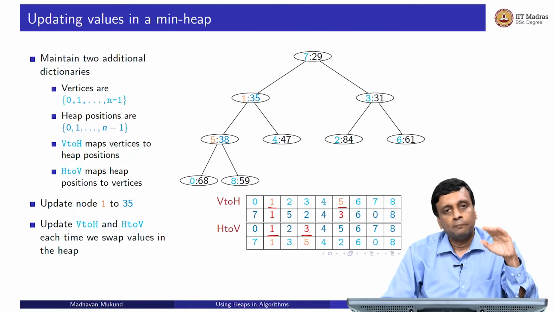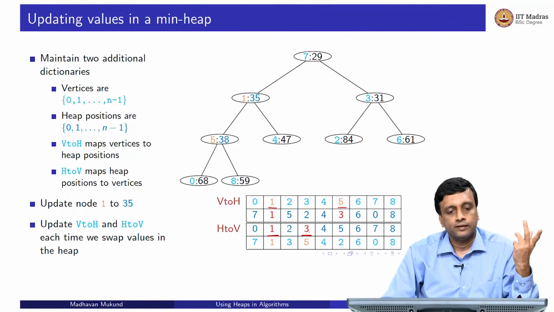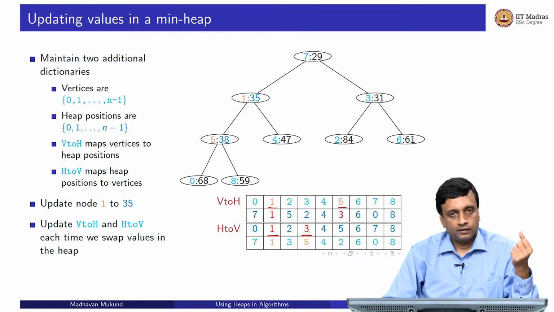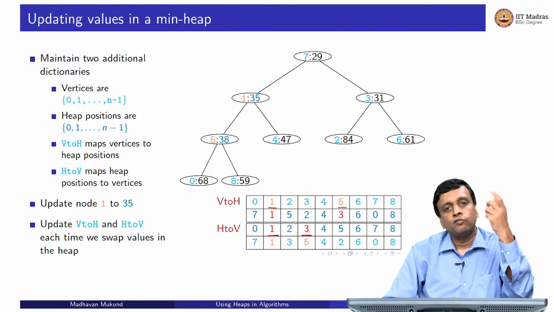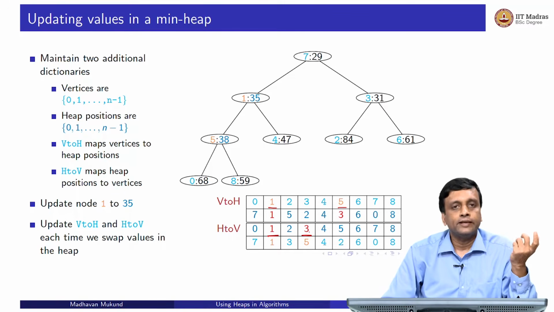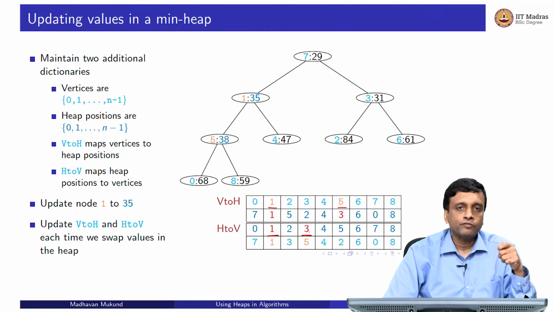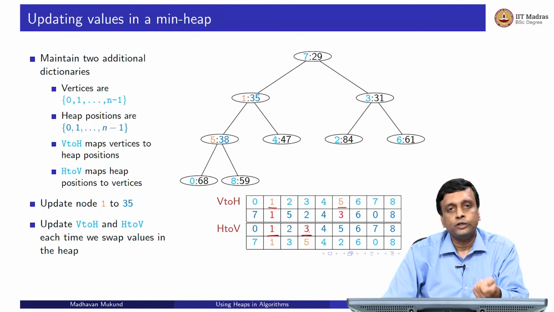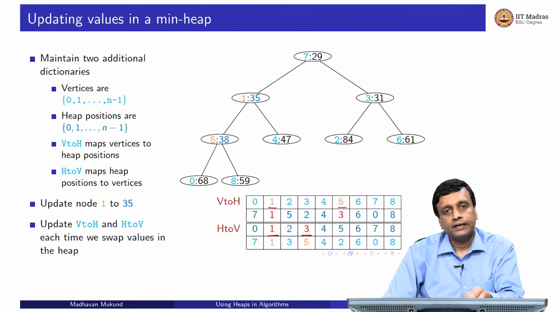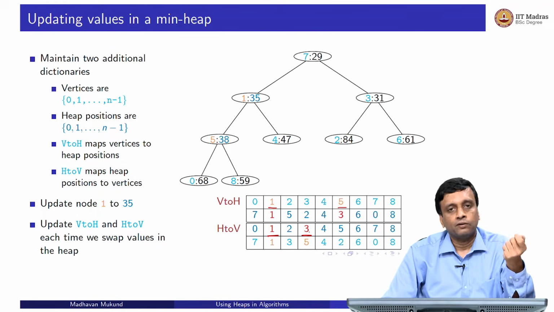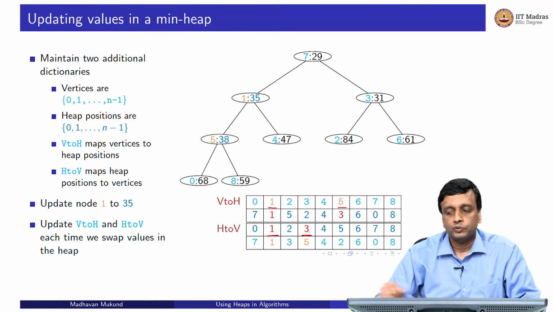You are never going to update a value in Dijkstra's algorithm to become bigger. So all of Dijkstra's algorithm updates are going to be of the type where you reduce the value and therefore you move up, but still whatever you are doing in the heap in terms of updating, you have to first find that element, and for that you need to keep track of these extra index dictionaries telling us where a vertex is in the heap and which vertex a position in the heap points to.